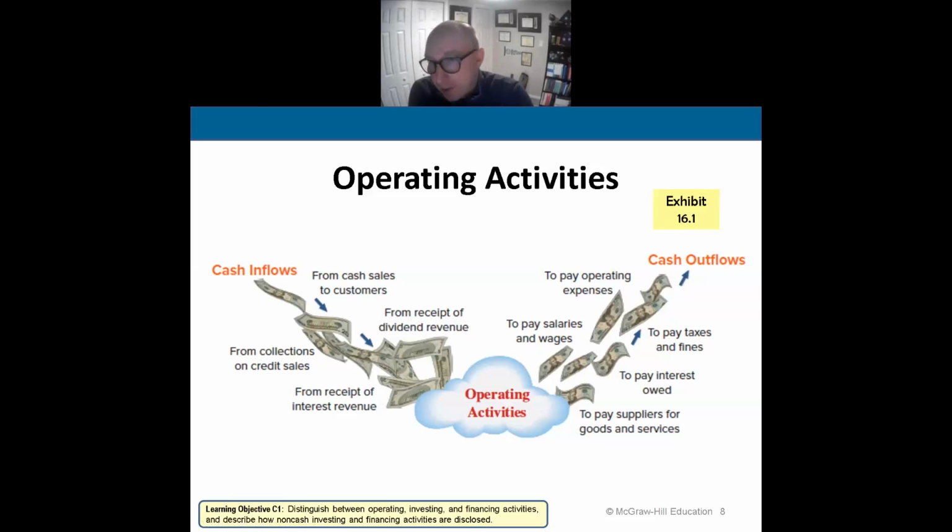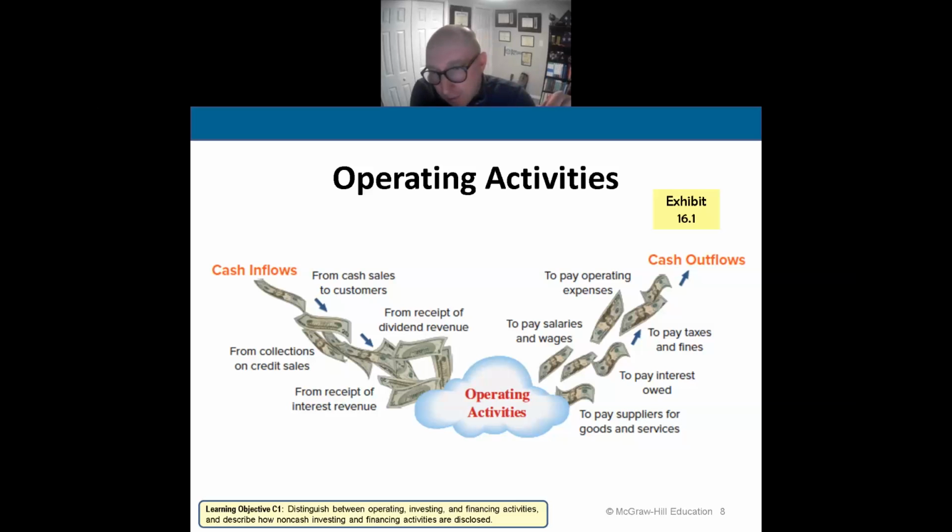This visual breaks down the operating activities, cash coming from our customers from sales or dividend revenue or collections of accounts receivable. They were receiving interest for something. All of those are cash inflows. Cash outflows are paying our salaries and wages, paying operating expenses, paying our taxes, paying any interest, paying our accounts payables, right?